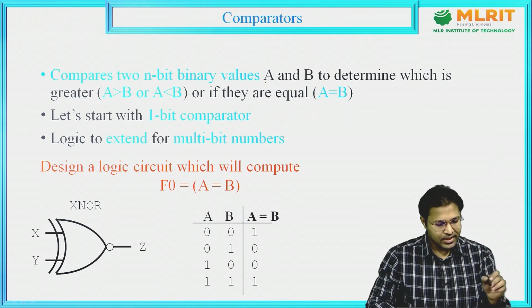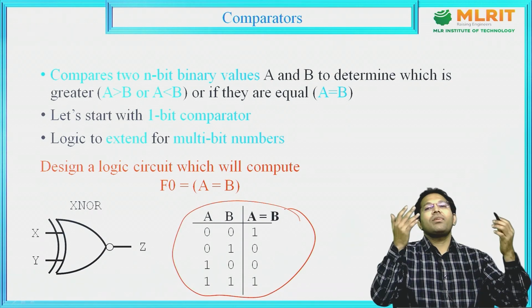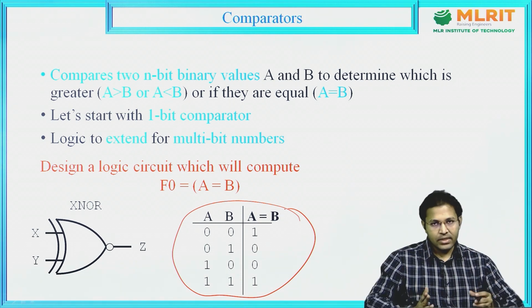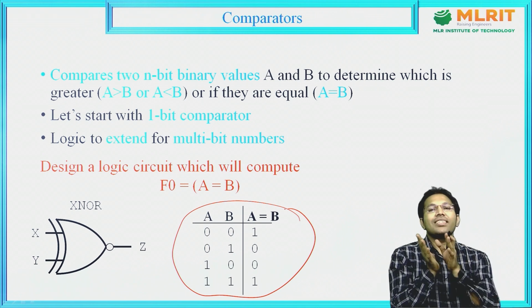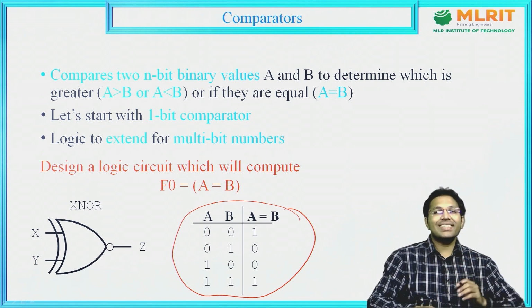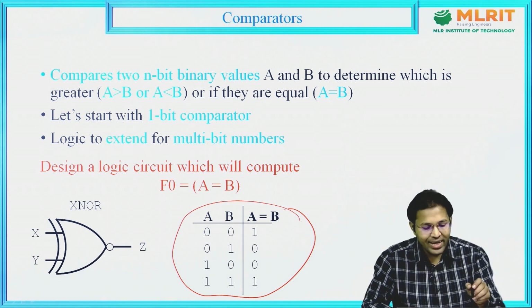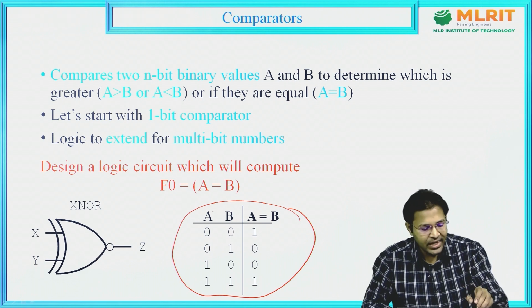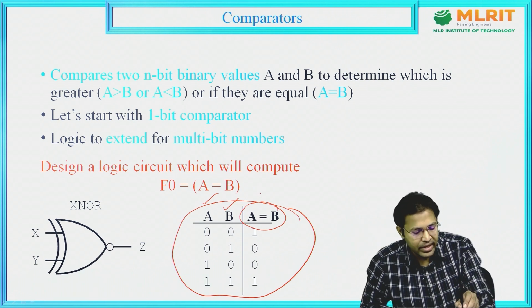Now what we will do is the standard process. We got the truth table from the logic which we just discussed. Based on this truth table, we will identify the logic gate which will perform such an operation. If we look at this truth table carefully, A and B are inputs, and A equal to B is represented by F naught, which is the output.